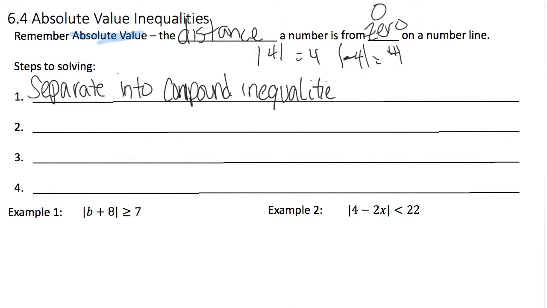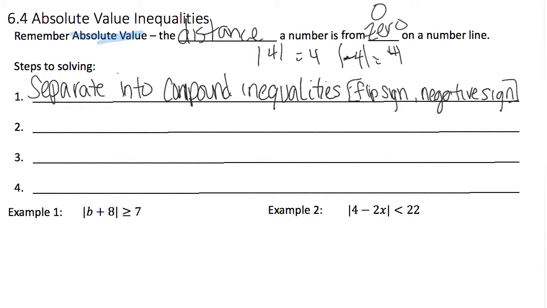So we separate into 2 compound inequalities, and the first one you leave as is, and the second one you flip your inequality sign and you make it a negative. And you'll see that that'll make more sense when we do example 1.